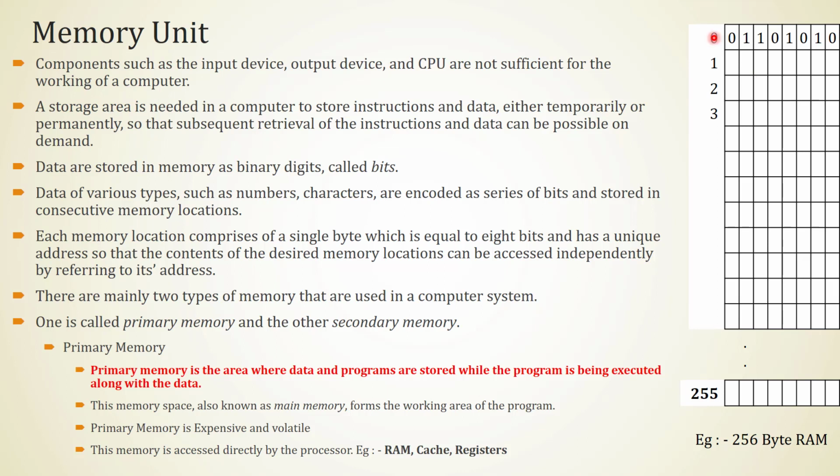Here the address will start from 0 to 255. Since this RAM contains 256 bytes and the first address is 0, the last address will be 255. That means a total of 256 bytes. So the important point is, each byte will have a unique address, and with the help of this address, the processor can access data in the memory.